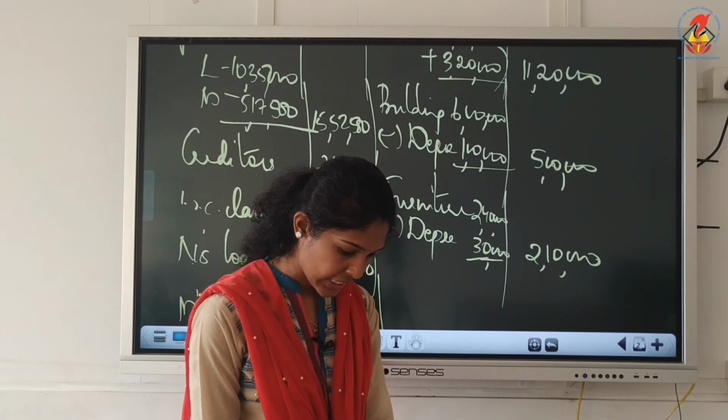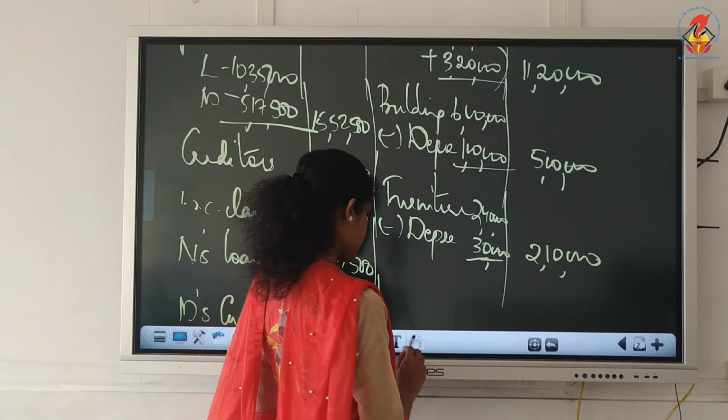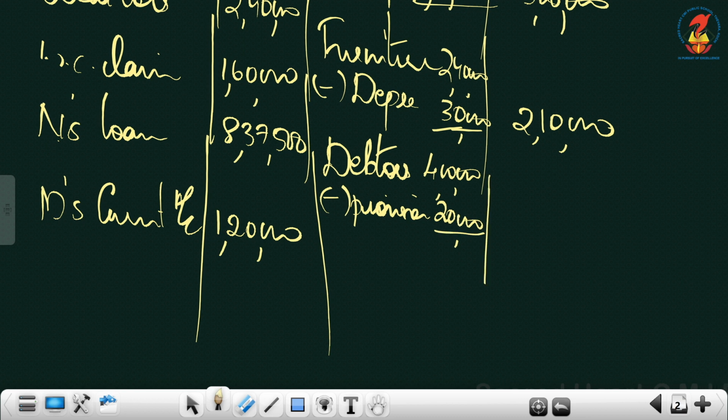Is there any change in debtors? No change, so you can write the same. Debtors less provision we will write. So, debtors 4 lakhs less provision 20,000. So, that is 3,80,000.